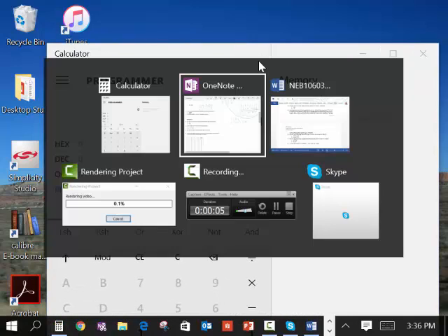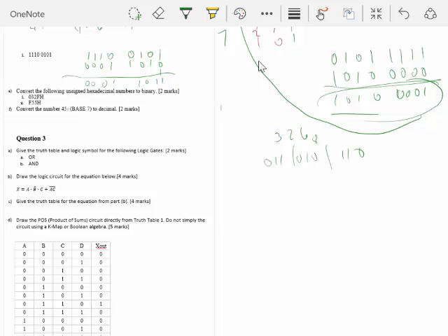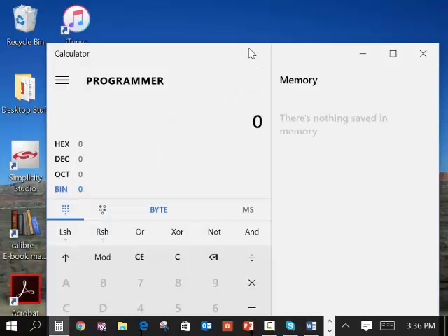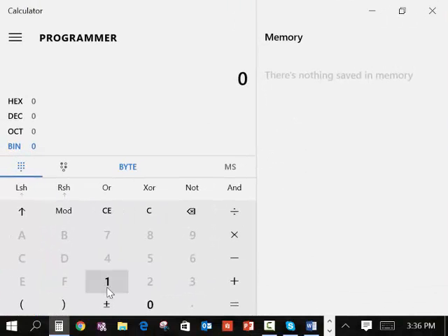Okay, number 1, 1, 0, 1, 1, and I get negative 27 is what I get there.